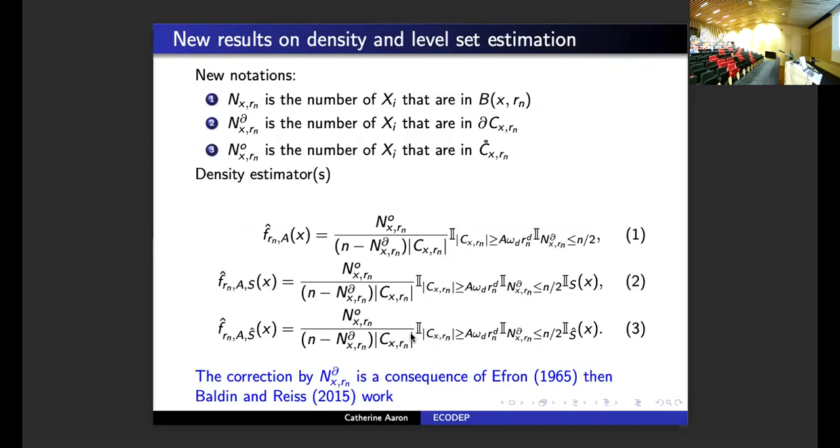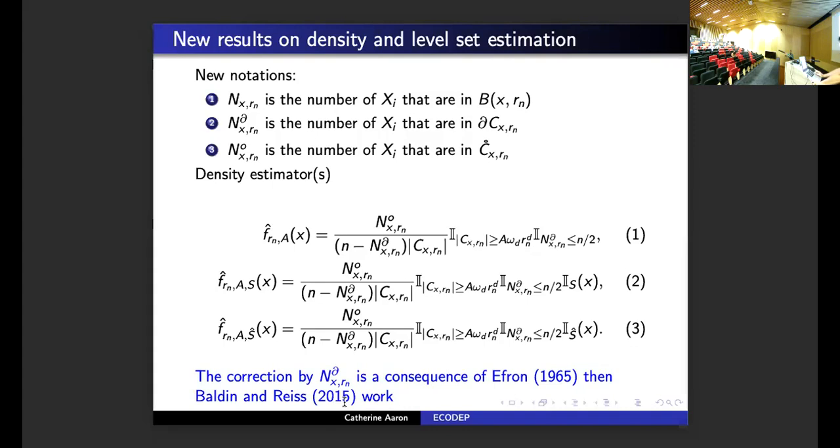What about the density? So we spent some time between the study of the support estimator, the estimation of the density, and then the level sets, which are also nice, because for the study of the density and the level sets, we use two recent works, one of Baldin and Reiß from 2015 and another one from 2017.